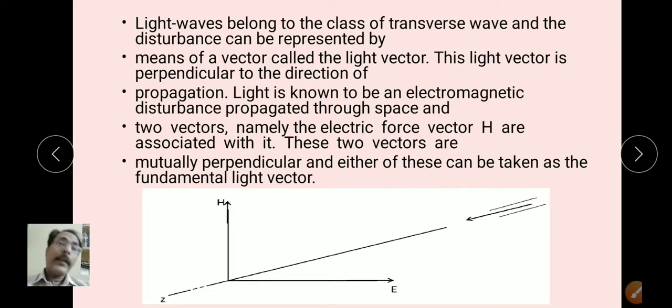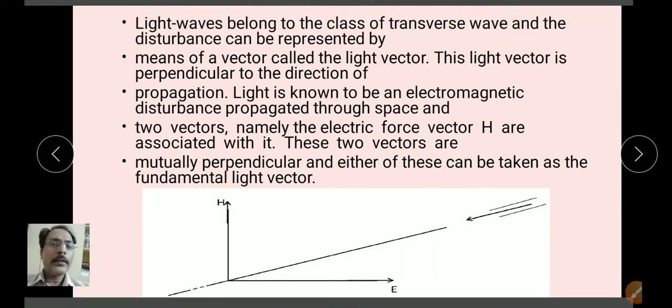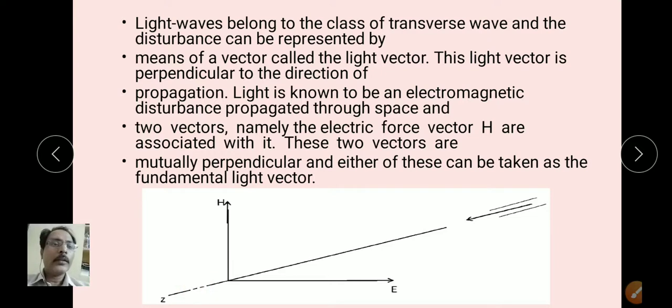The light wave belongs to the class of transverse waves, and the disturbance can be represented by a vector called the light vector. You can see the light coming from some source is moving in one direction. Let's consider this to be the z direction. The light is moving in the z direction, and the light vector is perpendicular to the direction of propagation.